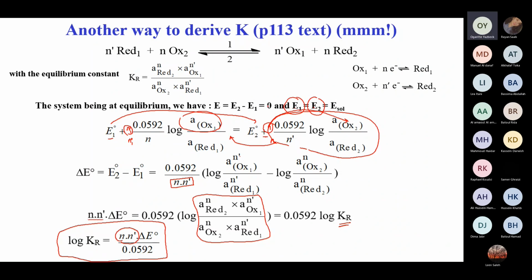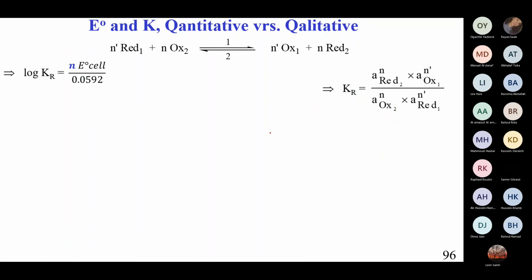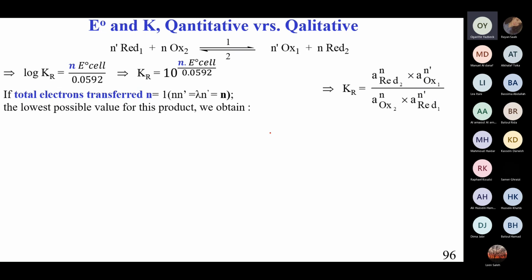This comes about because the cell stops and thus the cell E becomes 0. Again, instead of having n1 times n2, we simply write n for the total number of electrons transferred, so I don't have to worry.